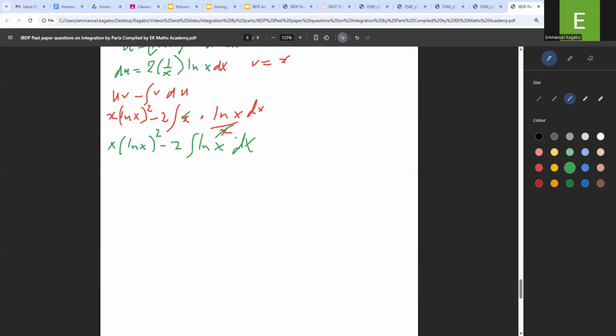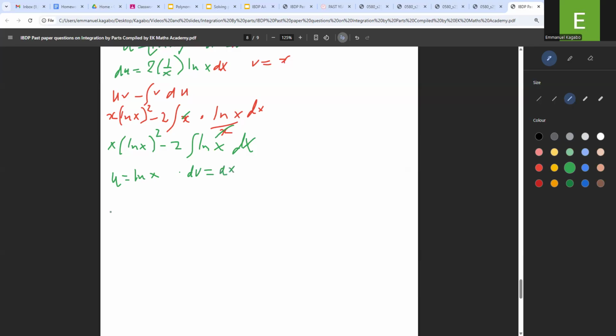By the way, this is a very common question in IBDP, very important. Even those who do A levels, it's a common question in your exams. So they can even ask you only to integrate ln x or even ln x squared. So you need to know that. So I have to do by parts again. So my u is going to be ln x, and my dv is going to be dx.